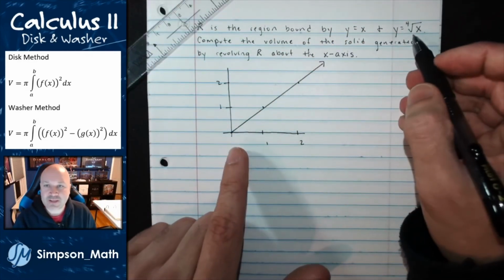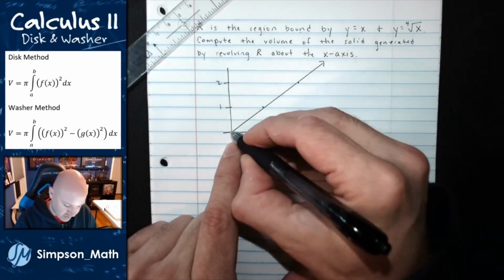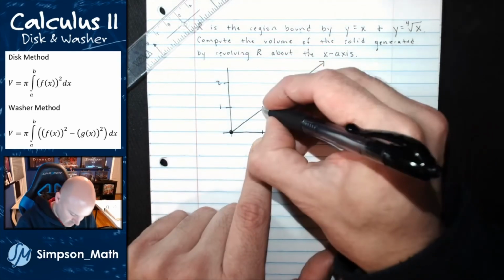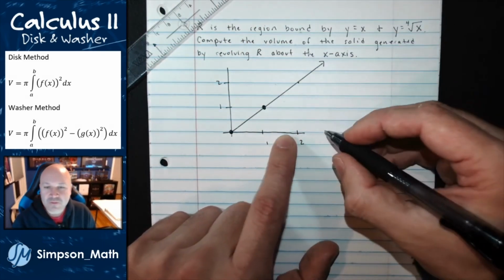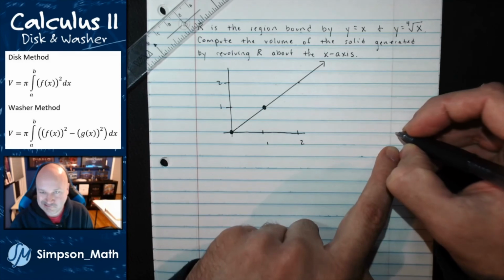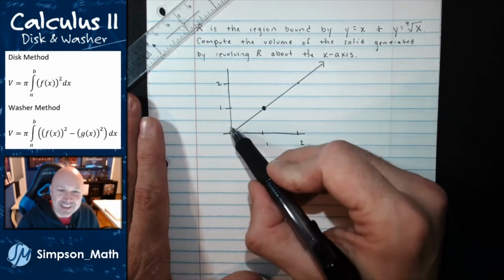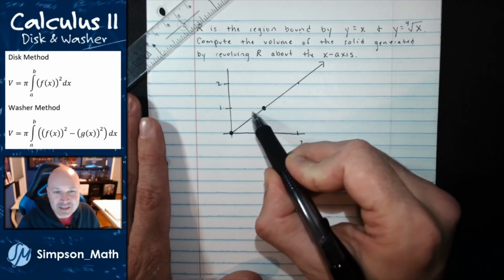Now the fourth root of x, I don't know that many numbers. The fourth root of 0 is 0. Okay, good. The fourth root of 1 is 1. Okay, that's good. So yeah, it's in this region right here. The fourth root of 2. Okay, so this thing kind of grows really fast, and then it kind of curves in here.